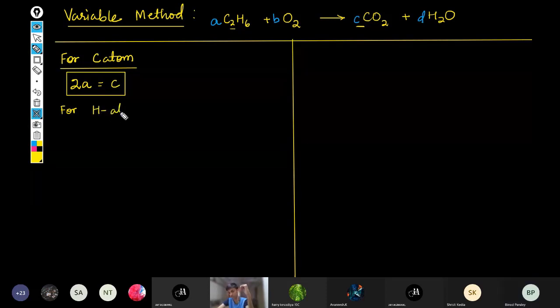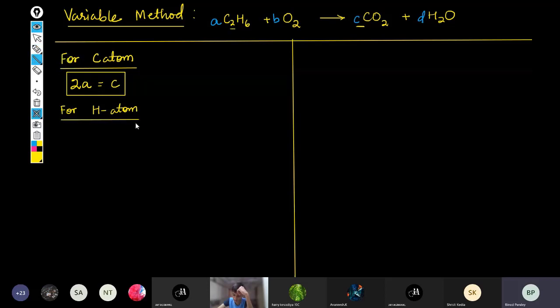Now we have the hydrogen atom. How many hydrogen atoms are we having on the left hand side, children? 6. Hydrogen is present in this compound only. So this will be 6A, equal to how much, children?